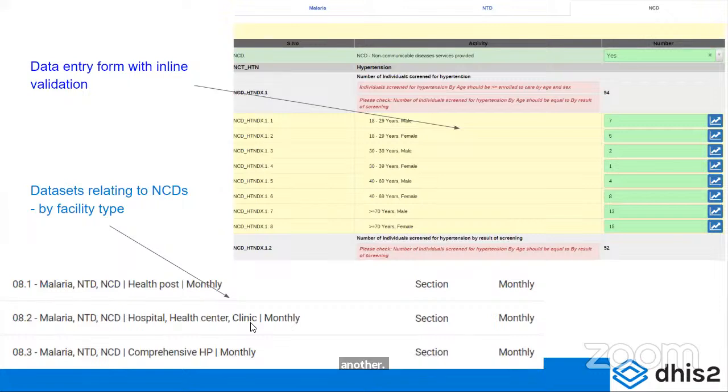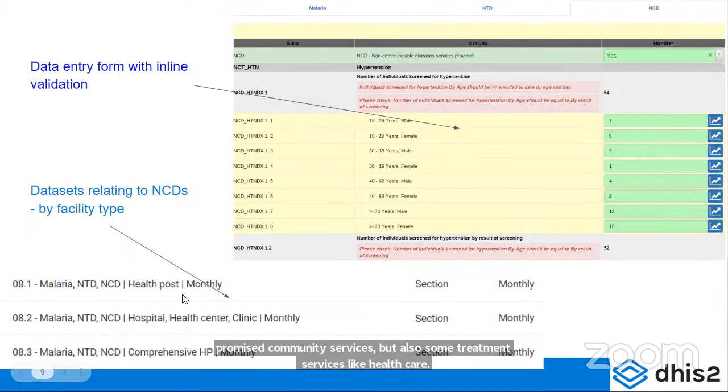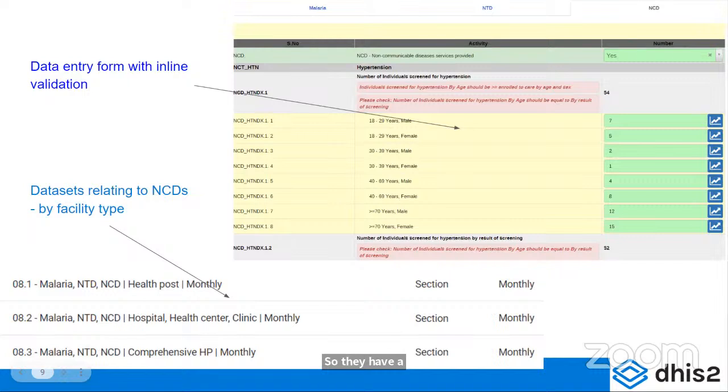They focus not only on screening, but also on treatment and cohort follow-up. Another one, we have a new kind of facility being introduced in 2023. That is an elevated type of health post that not only performs community services, but also some treatment services like health centers. So they have a mix of services for health post and health center.